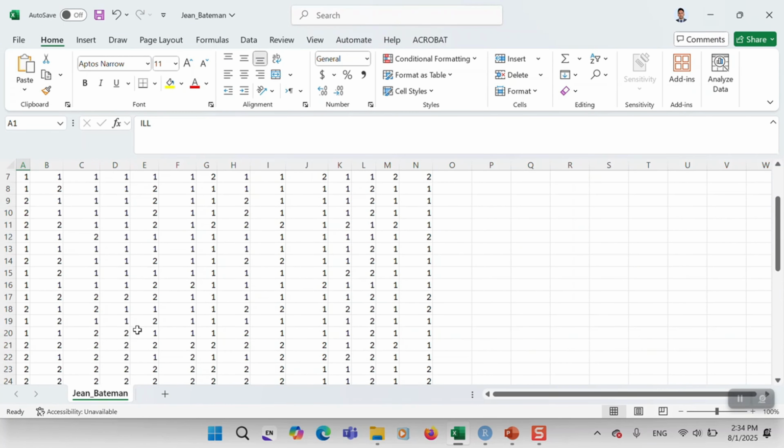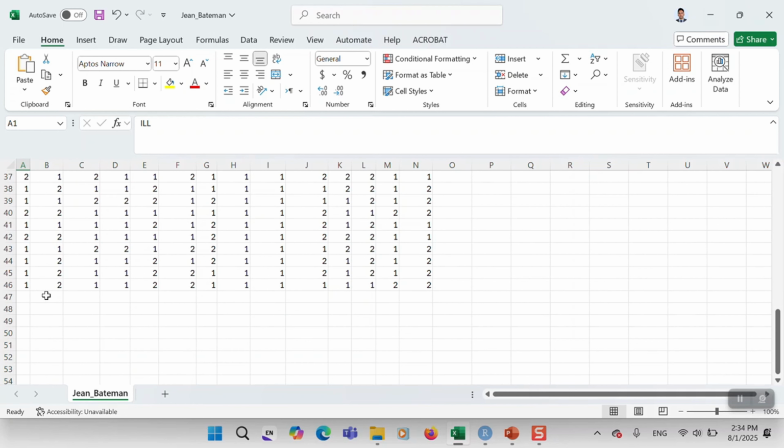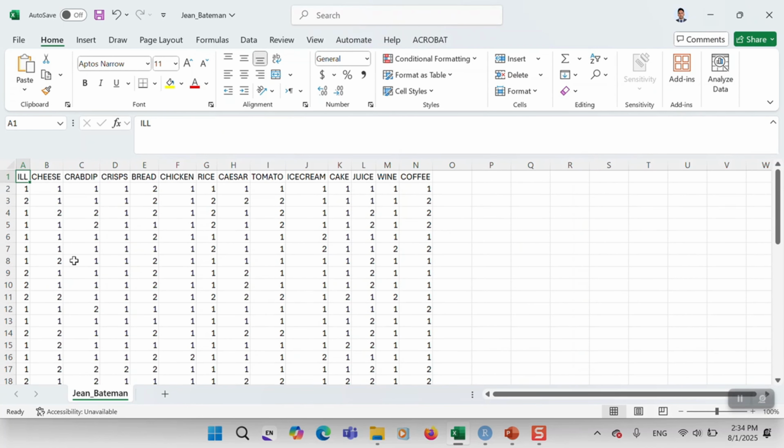We have the data for 45 guests, and also we have information about whether they became ill, 1 or 2. So the value 1 means that they developed illness, and 2 means that they didn't develop illness. And also we have information about their exposure, or what food they have consumed.